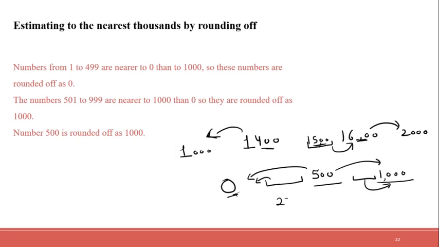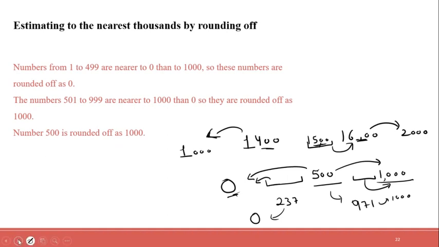That means if it is written here 237, I want you guys to round it off to the nearest 1000. So you will just round it off to 0, right? Because it is lesser than 500. If it is written here 971, we will round it off to 1000. Got my point? So it is a simple concept.